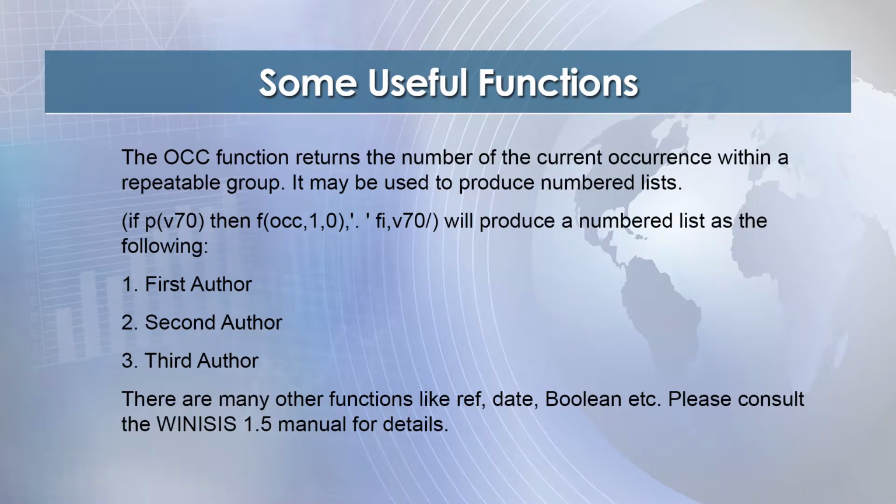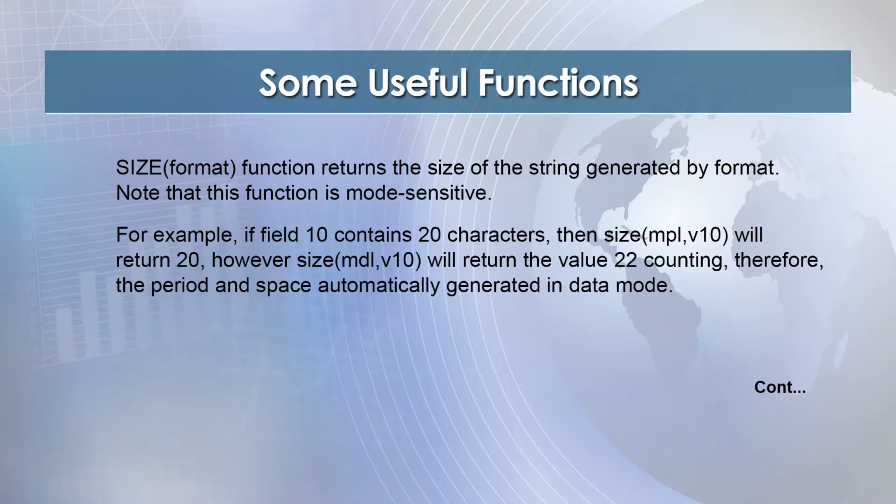If we want to display the first author as 1, the second author as 2, the third author as 3, the fourth author as 4, then we can use the OCC function with this simple syntax: if p(v70), that means if V70 is present, then extract V70 with this particular function, f(occ, 10). It will retrieve all the contents of V70 in a listed format. So you can easily create a list by using this OCC function.